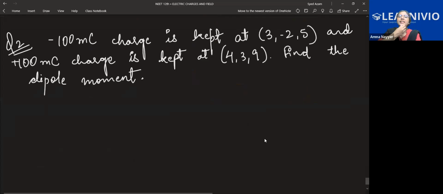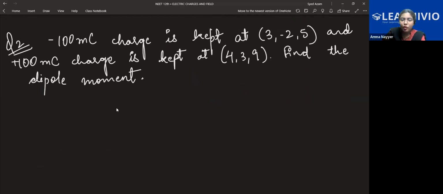Okay, so this says minus 100 millicoulomb charge is kept at this point, 3, comma minus 2, comma 5. And the plus 100 millicoulomb charge is kept at this point, 4, comma 3, comma 9. You have to find the dipole moment.